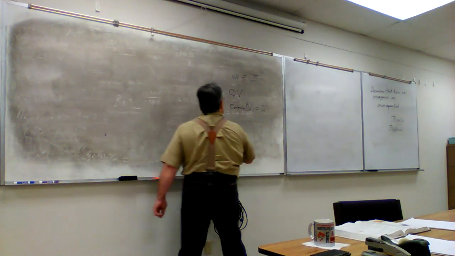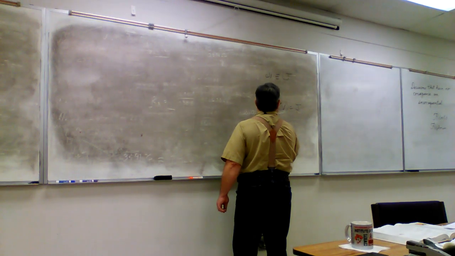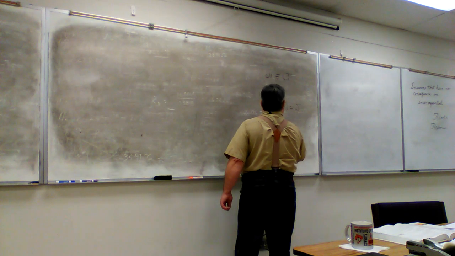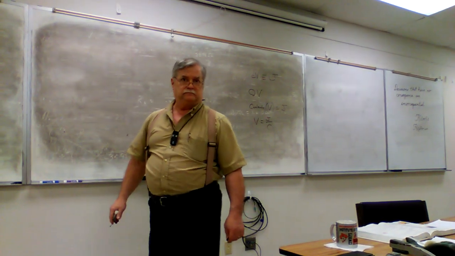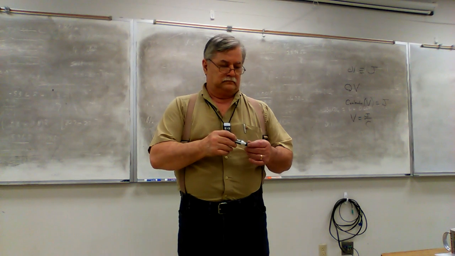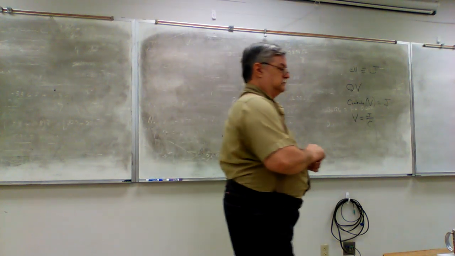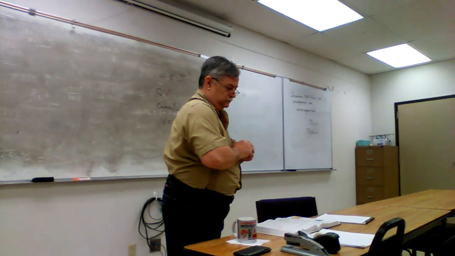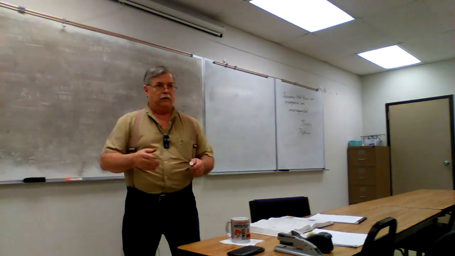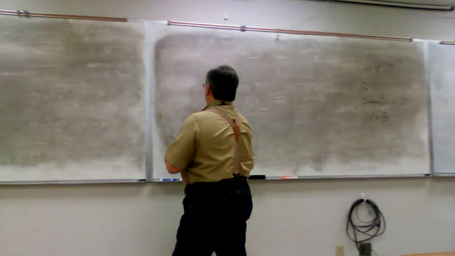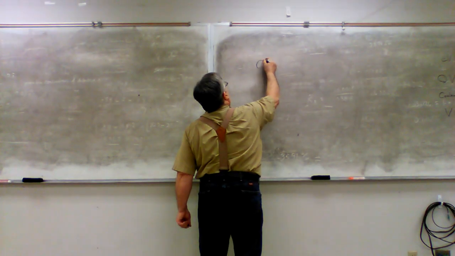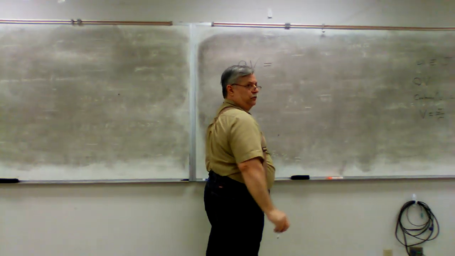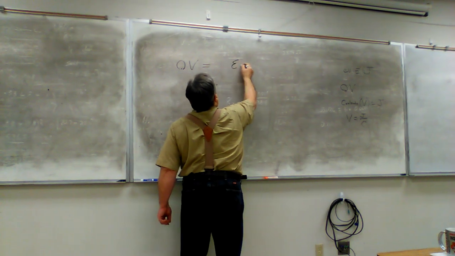That means you can define a volt in terms of units as joules per coulomb. And that means that when you multiply charge, Q, times voltage, that gives you units of energy.